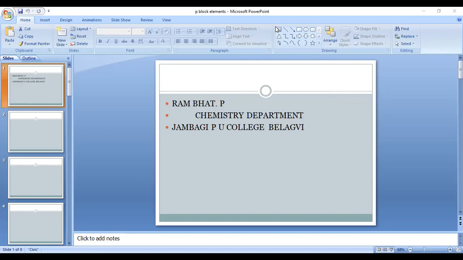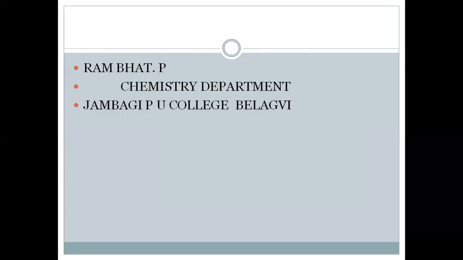Just see, if we consider carbon, 1s2, 2s2, 2p2, means the last 2 electrons are entering into the p subshell.